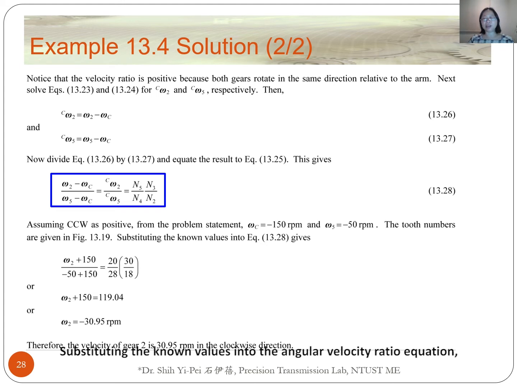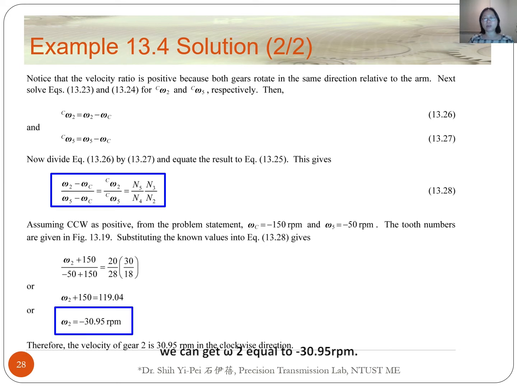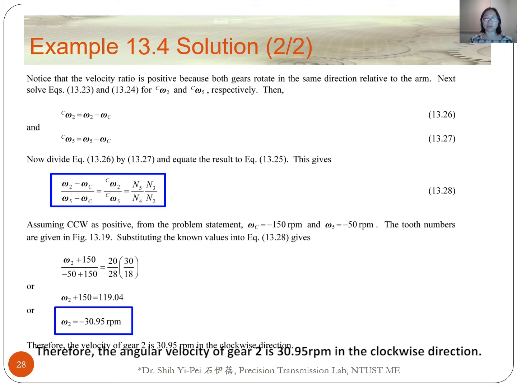Substituting the known values into the angular velocity ratio equation, we can get omega 2 equal to minus 30.95 rpm. Therefore, the angular velocity of gear 2 is 30.95 rpm in the clockwise direction.